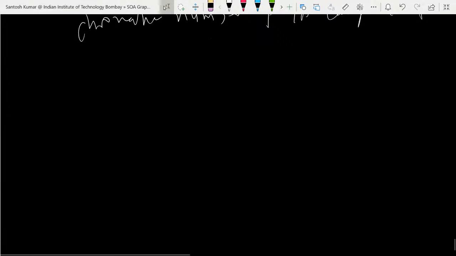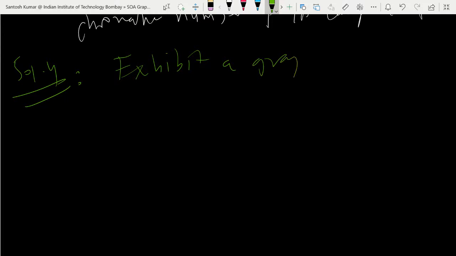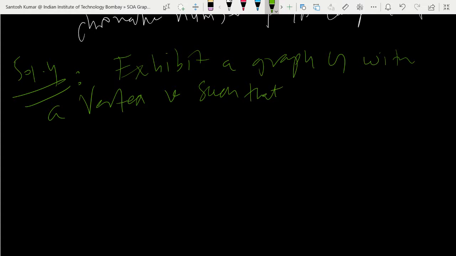So let's write the next problem. Next is 5.1.4, and it says: give a graph G, or exhibit a graph G, with one vertex, let's say small v is one vertex, such that the chromatic number of the graph minus the vertex, you remove one vertex, must be less than the chromatic number of the graph.